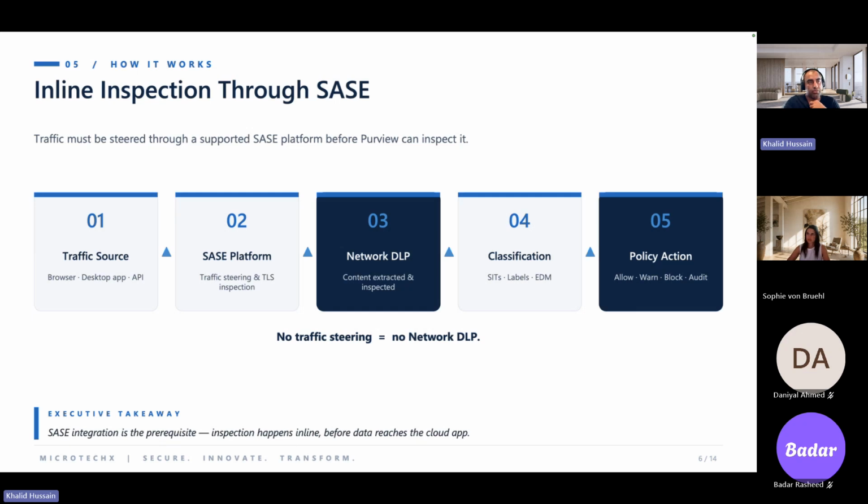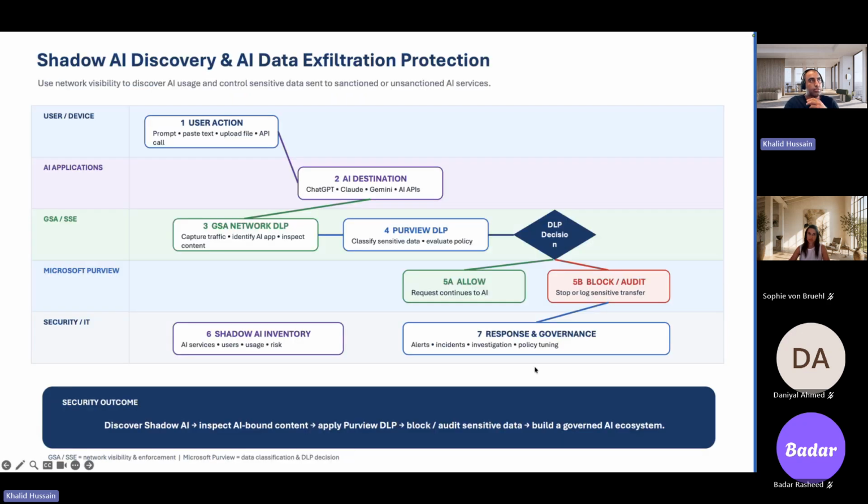So now we move to the next part. Here I bring up one use case. For example, if I am working, doing prompting, uploading files and making API calls, then it detects the AI destination, where this traffic is going. It's not a browser level or a machine level, it's endpoint level destinations.